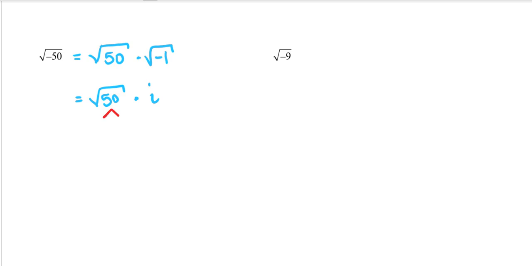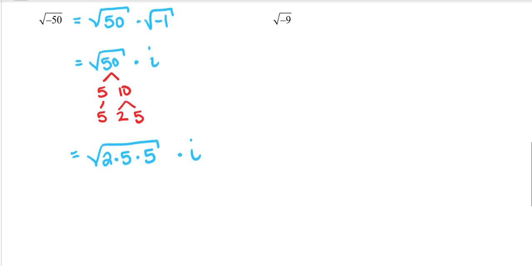We could do 5 times 10. 5 is prime, so we bring it down. 10 is 2 times 5. So we can rewrite the square root of 50 as the square root of 2 times 5 times 5, and then outside the radical we have times the imaginary unit.